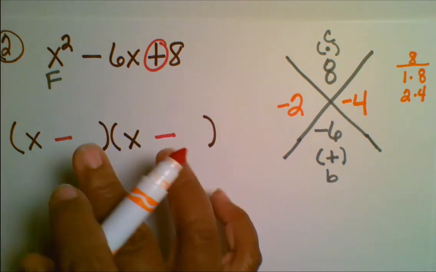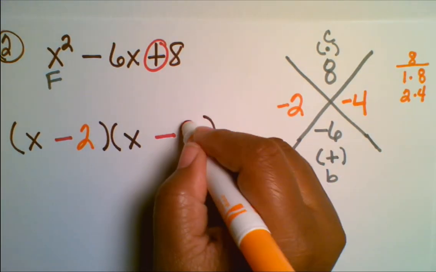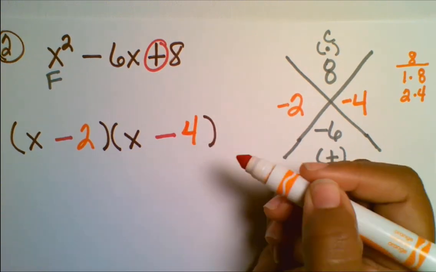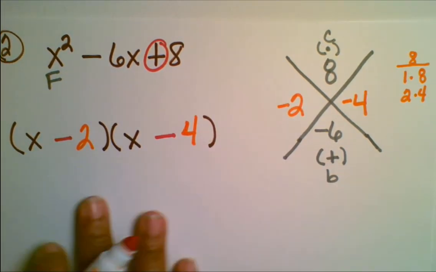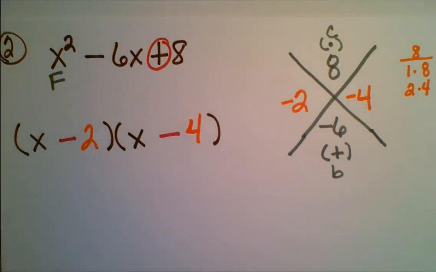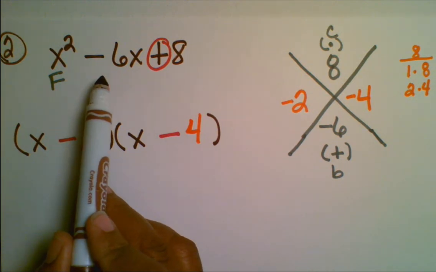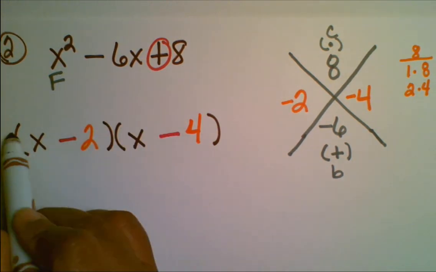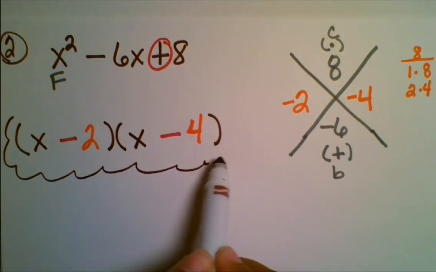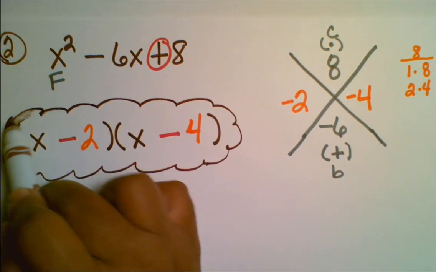So we have a -2 and a -4. When we multiply those together to check our work using the FOIL method, we'll come up with the original question. So this is our solution, x minus 2 times x minus 4.